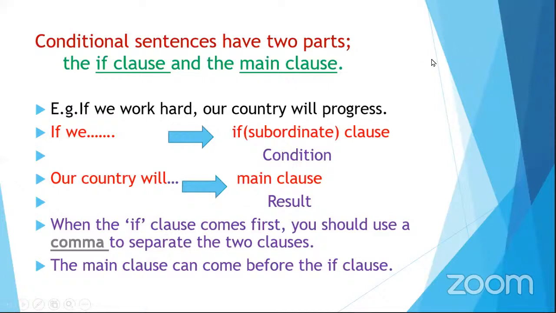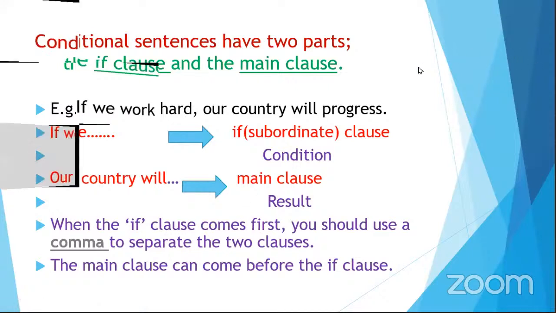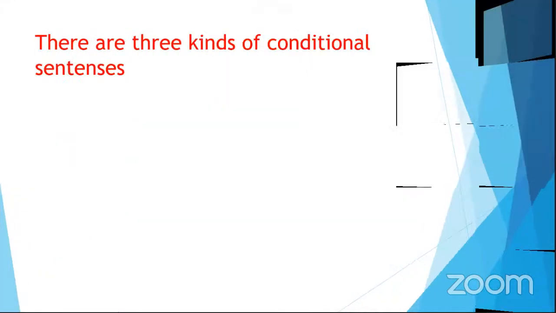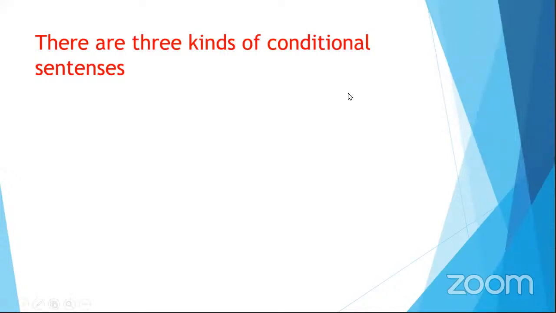Well, dear students, shall we move on to the next one? Okay, this is very interesting for you. In grade 9, you learn two kinds of conditional sentences. When you come to grade 10, you learn the third one. So I have included the first one as well as the second one and the third one as well.